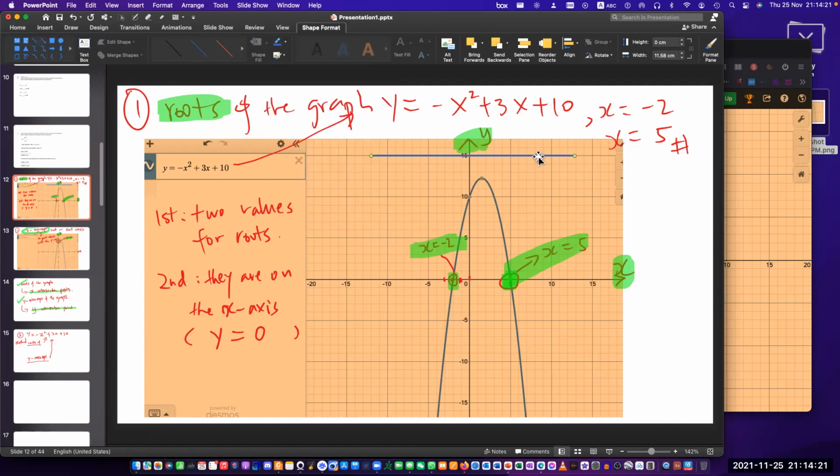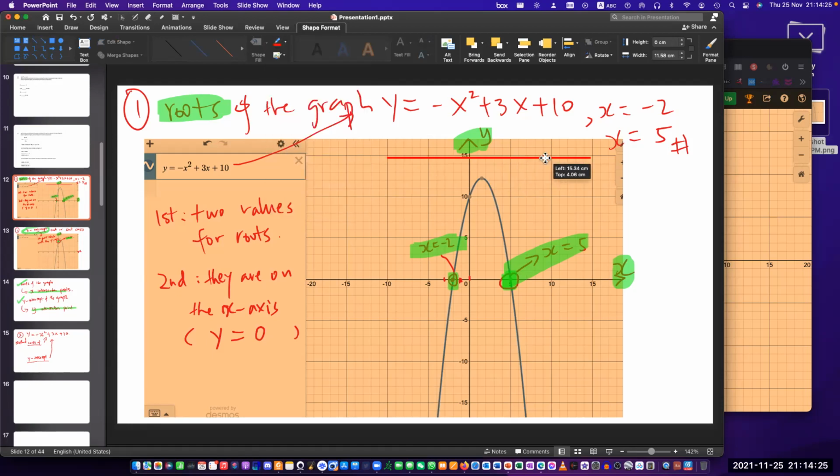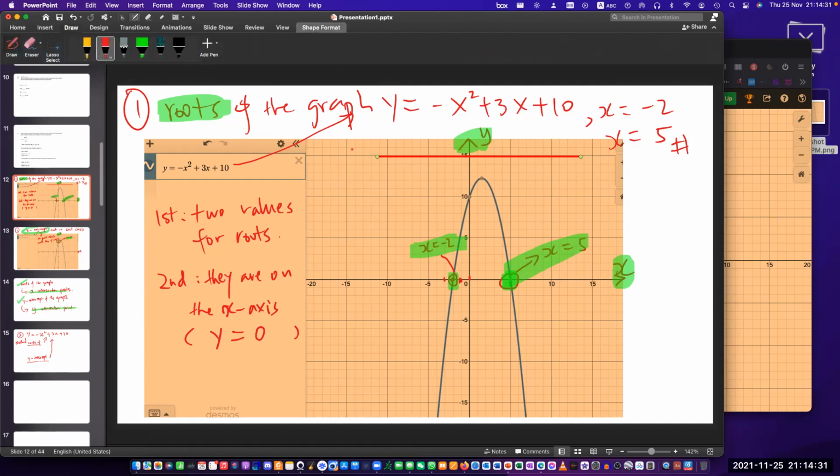Okay, probably I should use red so that it stands out. Can you see the red line here? If I put the line here, this is your y equals 15. This line, right?